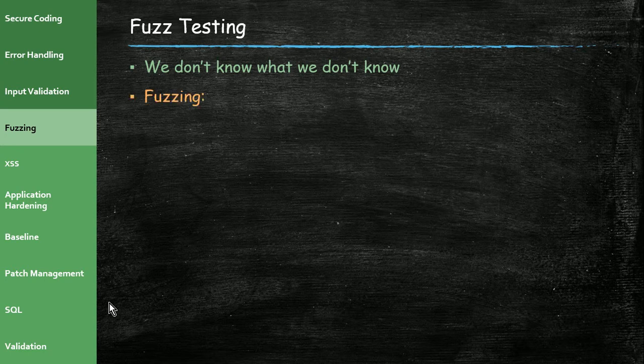So fuzzing is this idea that you can systematically provide random data as input to your system. You can have some program that programmatically is trying different things against your application to see if anything fails.